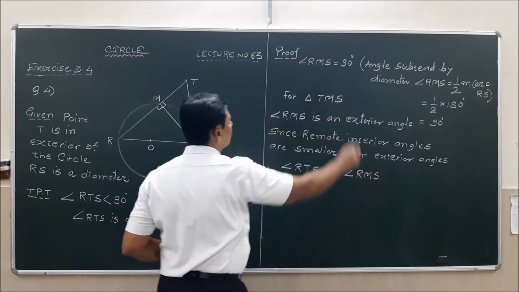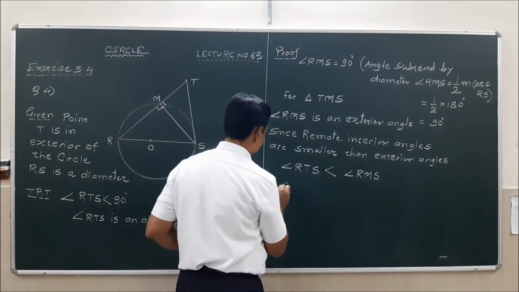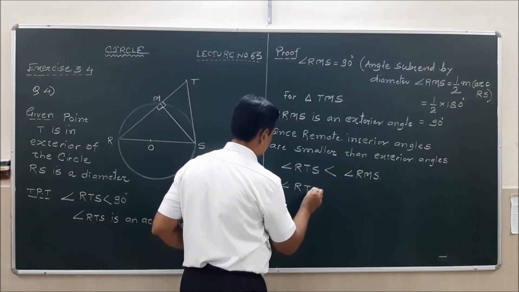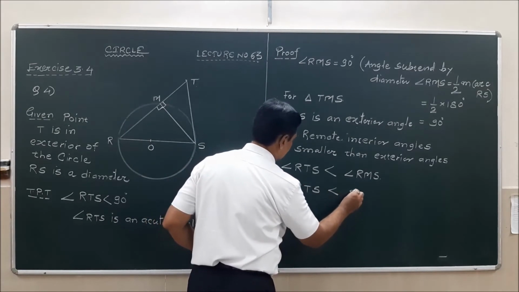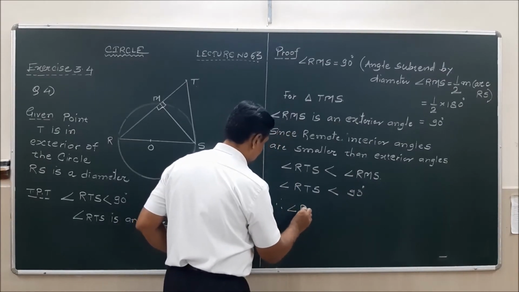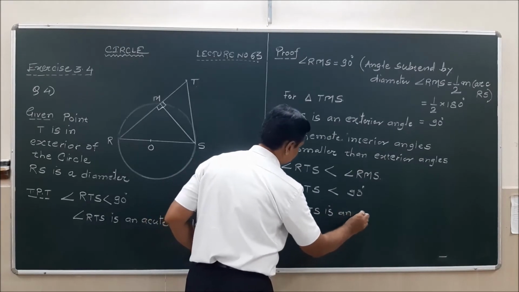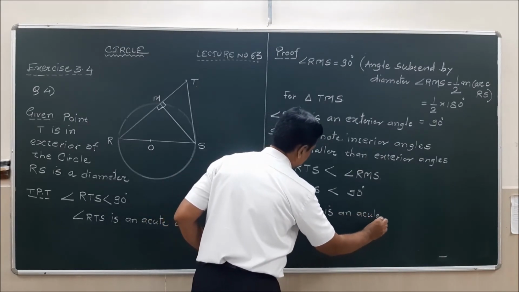But what is the measure of RMS? 90. So RPS is less than 90. Therefore, angle RPS is an acute angle. Very simple.